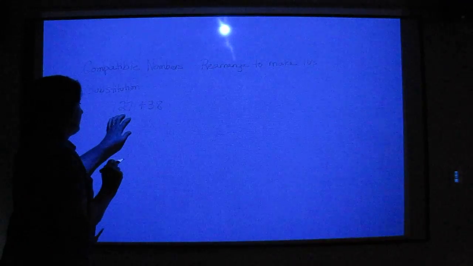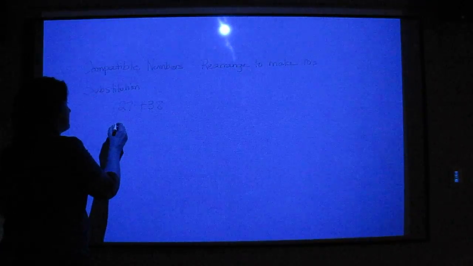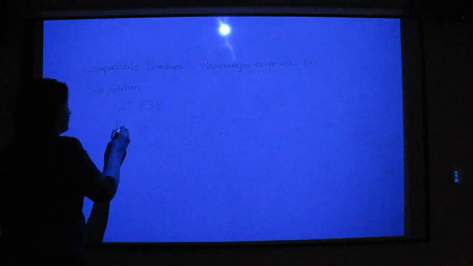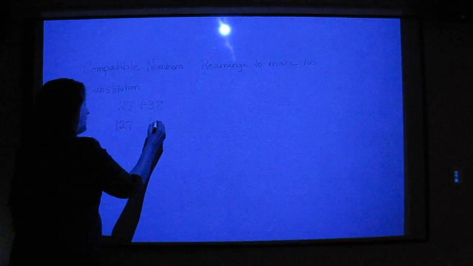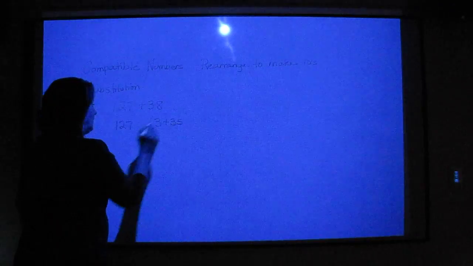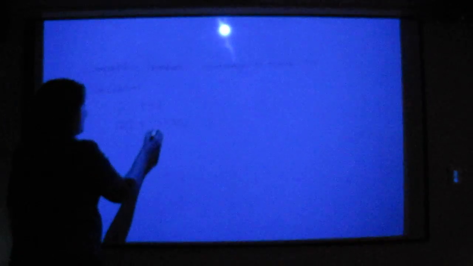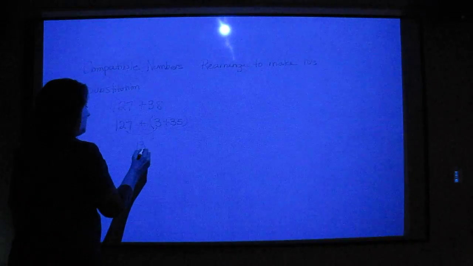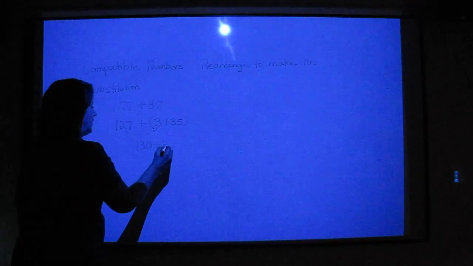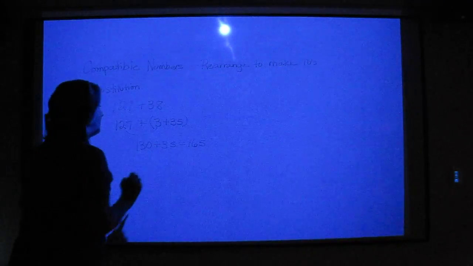So 127, I would need 3 more to make a 10. So I'm going to keep my 127, and I'm going to break this one up into 3 plus 35. Then I can add these together, get 130, and then add 35 and get 165.